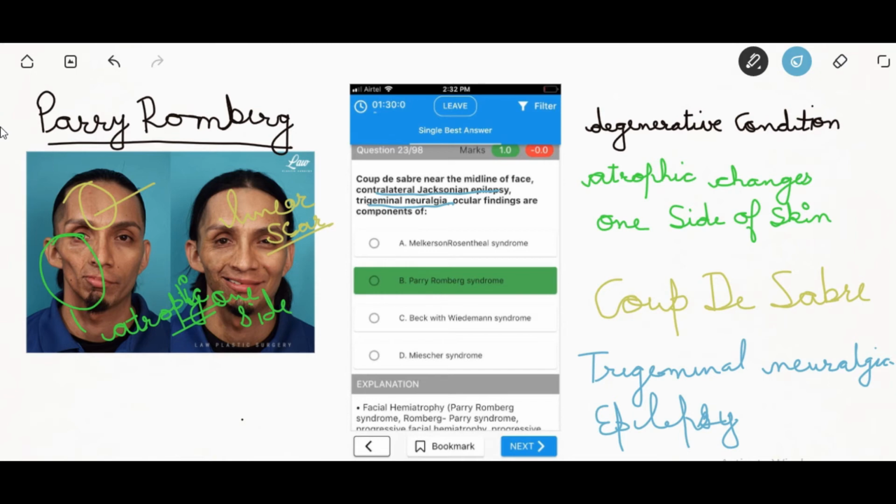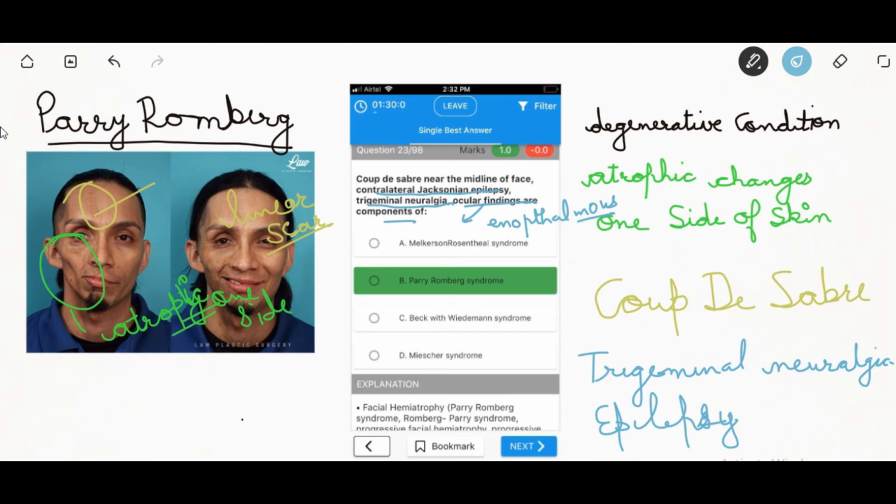The mouth and the nose are deviated toward the affected side. Atrophy of the upper lip may expose the maxillary teeth. On microscopic examination, the skin reveals atrophy of the epidermis and infiltrate of lymphocytes and monocytes.